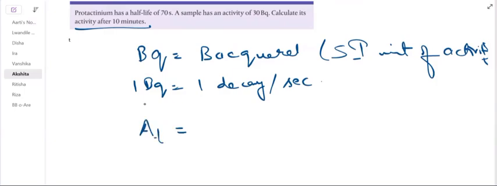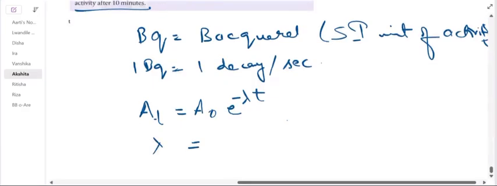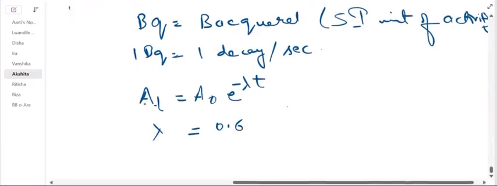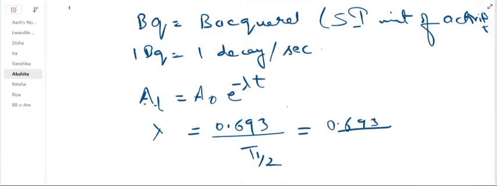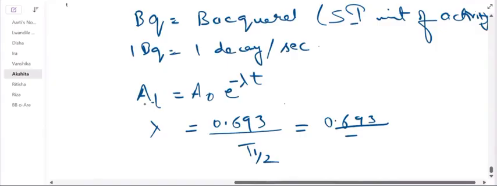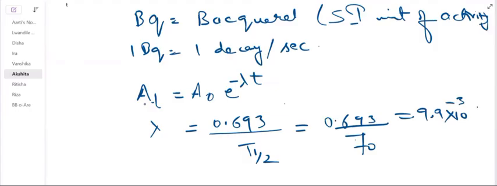We are aware A equals A naught e to the power minus lambda t. Let's find lambda first. Lambda is 0.693 over half-life. Half-life is given as 70 seconds, so divided by 70, it will be 9.9 into 10 raised to minus 3 per second.